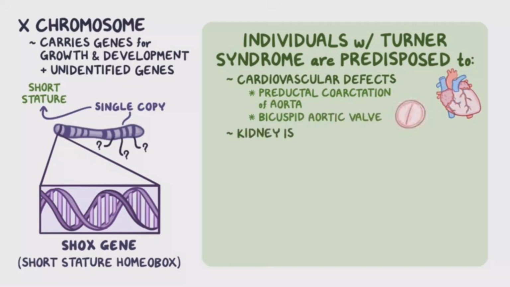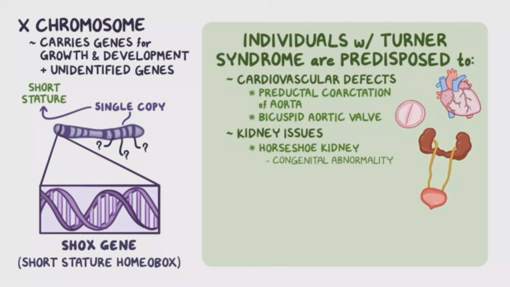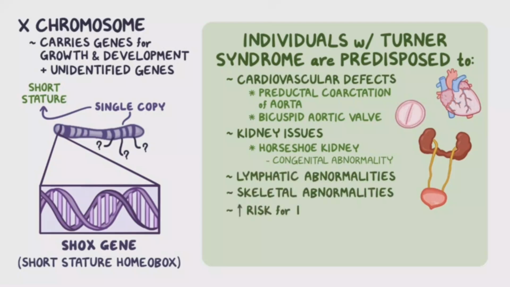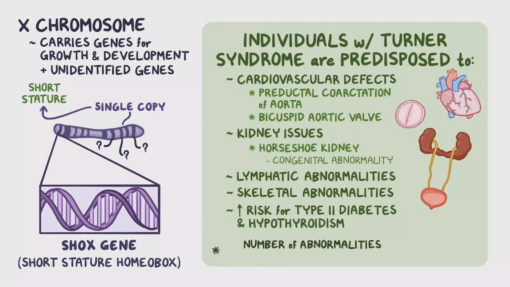They might have kidney issues, specifically a congenital abnormality called horseshoe kidney, where the two kidneys become fused during fetal development. They might also have lymphatic and skeletal abnormalities, and are at a higher risk for type 2 diabetes and hypothyroidism. Just how many of these abnormalities linked with Turner syndrome are actually present depends on the proportion of cells the person has with the 45X karyotype.